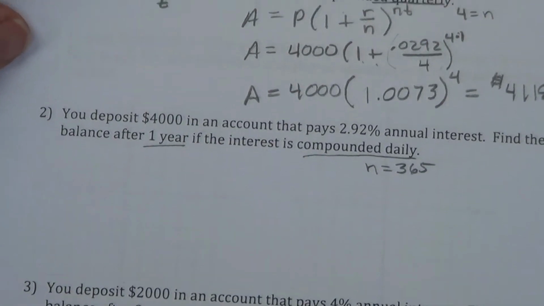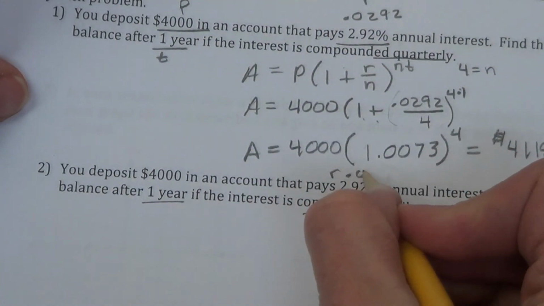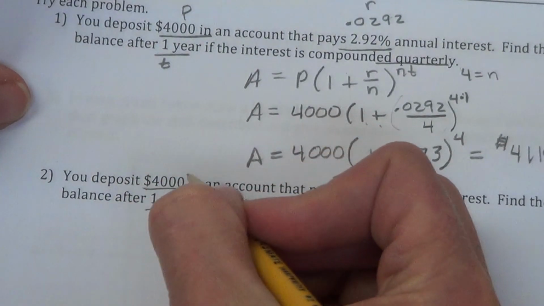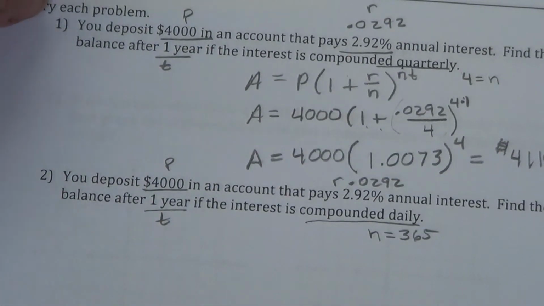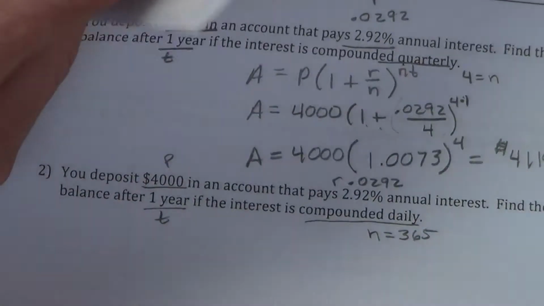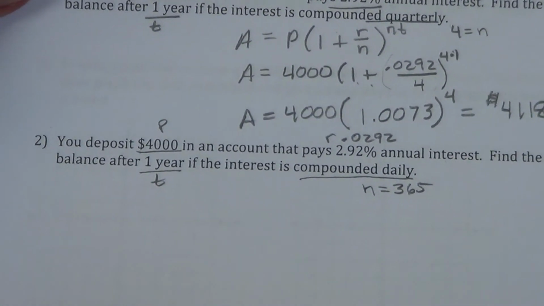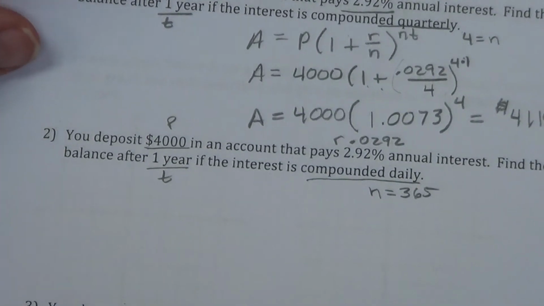We switch our R to a decimal, 0.0292, just like up above, and it's still the 4,000 for your principal, 1 year for time. So let's see how much more money you might make if it's compounded daily. Compounded means the interest is evaluated and added in daily.